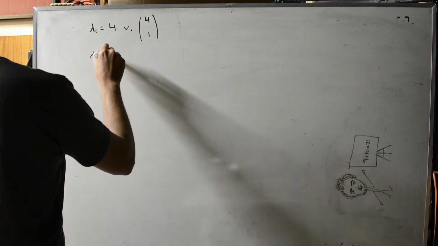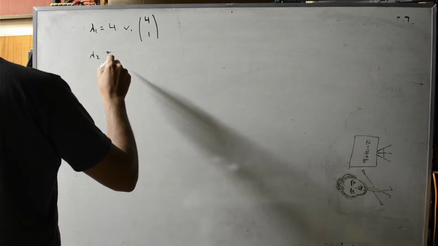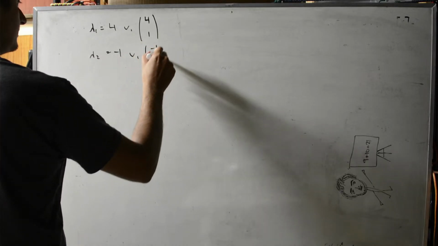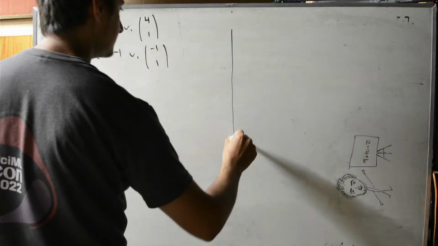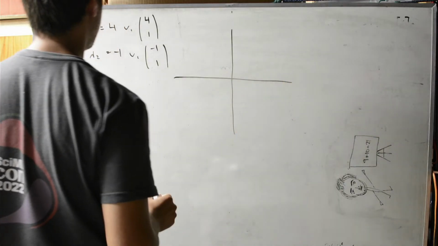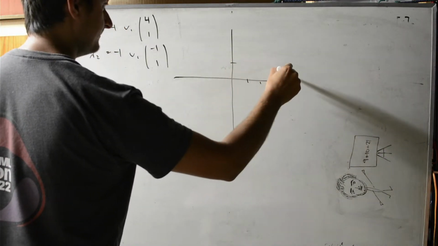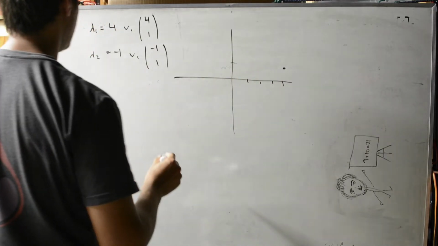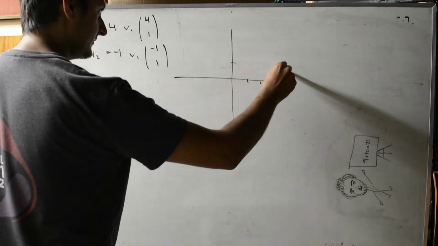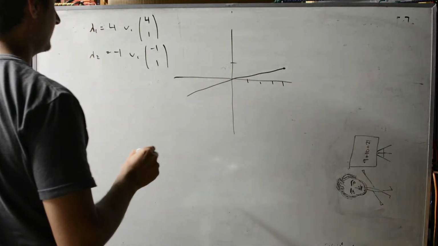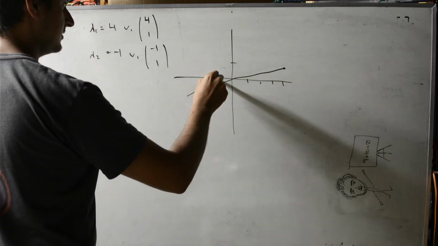Lambda 2 is equal to minus 1. V2 is equal to minus 1, 1. So now if we have this, we're going to have 1, 2, 3, 4, 1. I have this point. And then I have minus 1, 1.